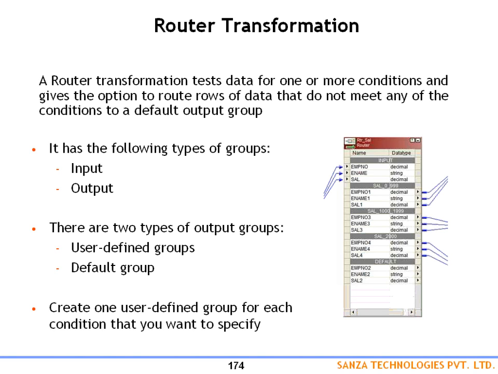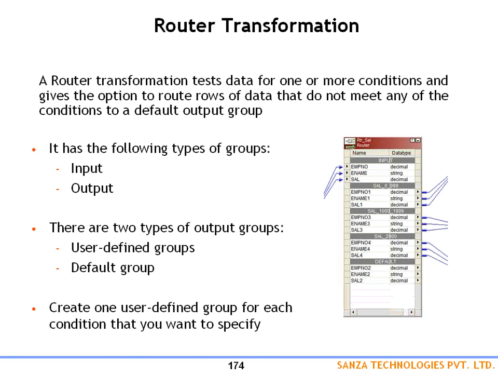If you want to load data into multiple targets, that is output, the data going out to a single or multiple target tables, and it is called the output group.